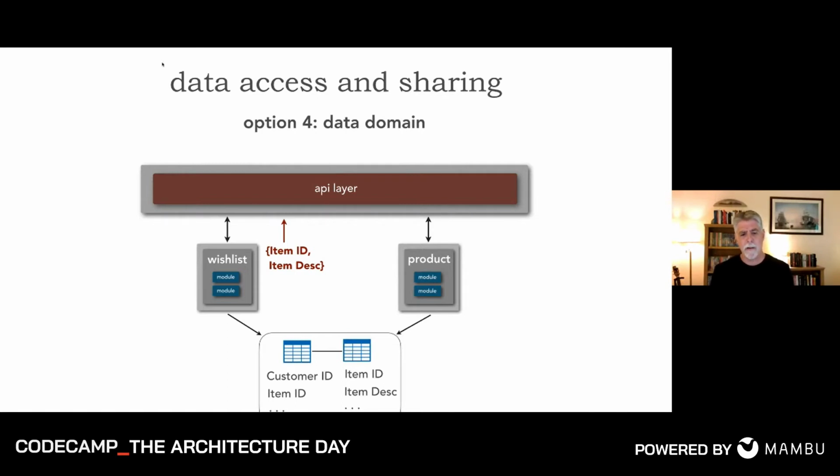But with this model, Wishlist quite simply now just needs to do its regular join like it used to in the monolith. And so you see, data domains are extremely common, everyone. And as a matter of fact, really the idea of the data domain is, again, it breaks the bounded context. That's absolutely true.